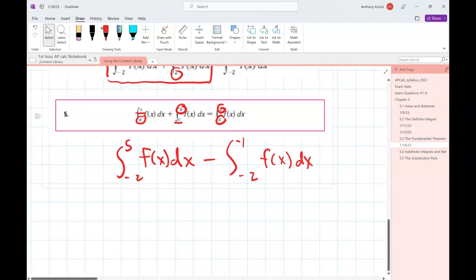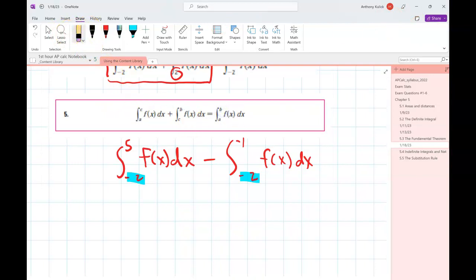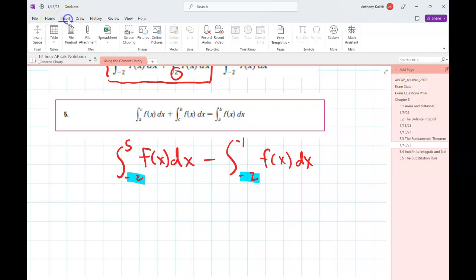Everybody's okay? So I noticed that these two have the same bound, but both of them are lowers, right? So that's a problem. I can't use that theorem as it's currently written to do that. But I heard what we need to do.